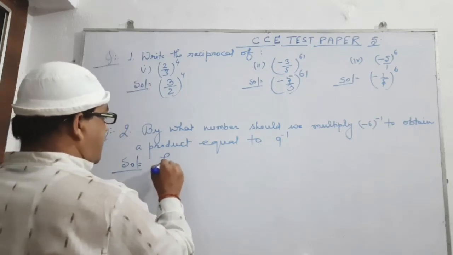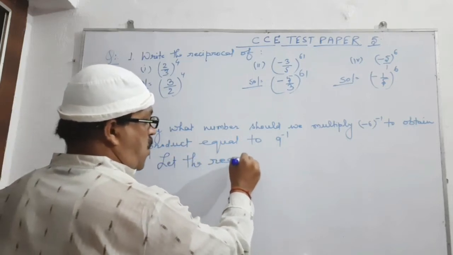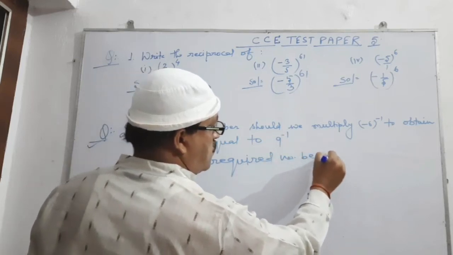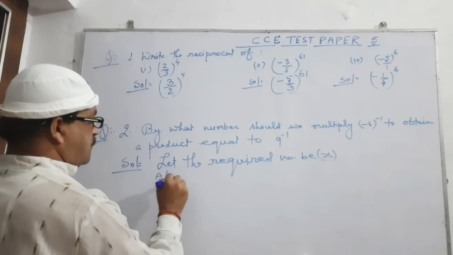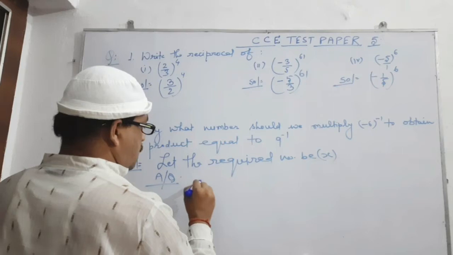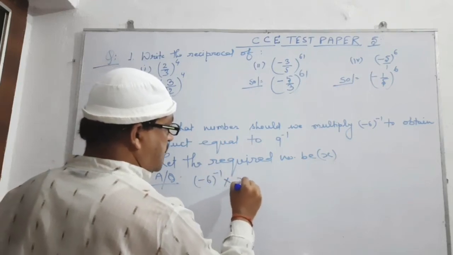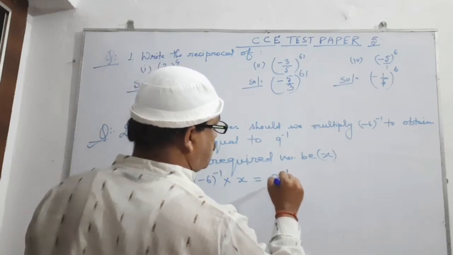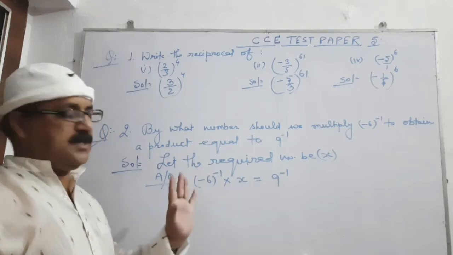Let the required number be x. According to the question, 6 to the power minus 1 into x is equal to 9 to the power minus 1. This is the question and we have to solve it.